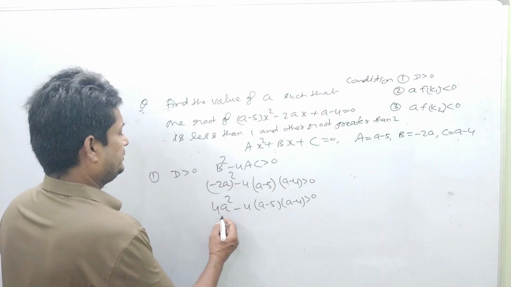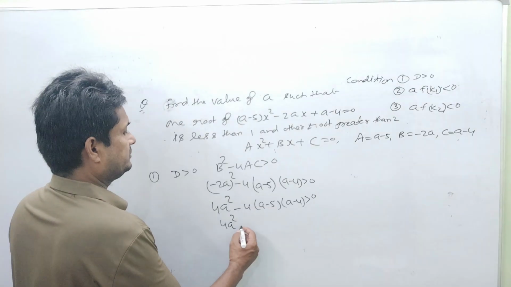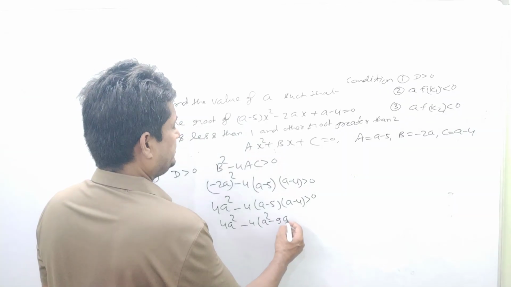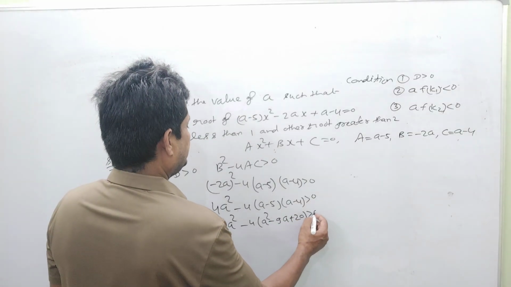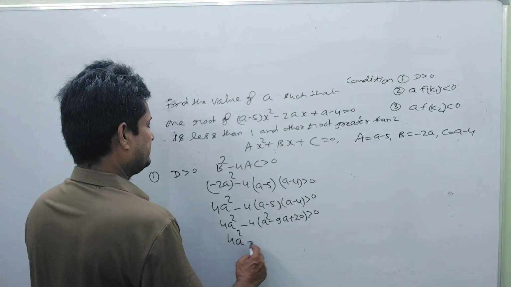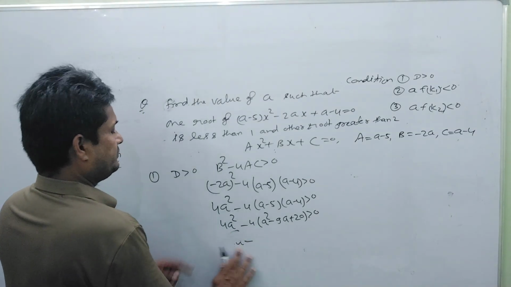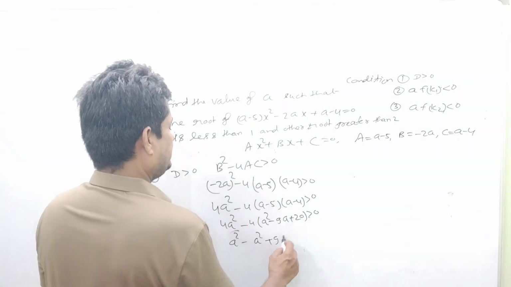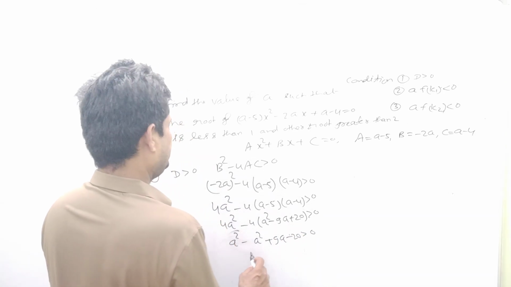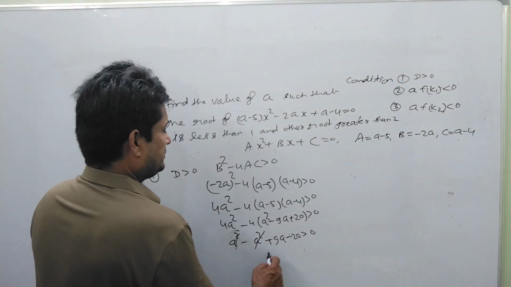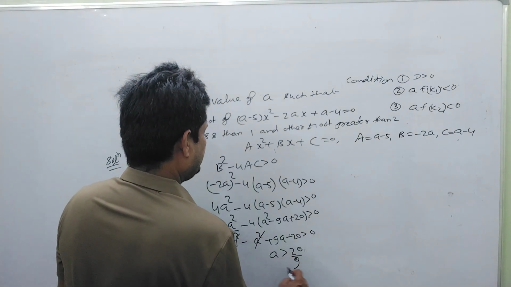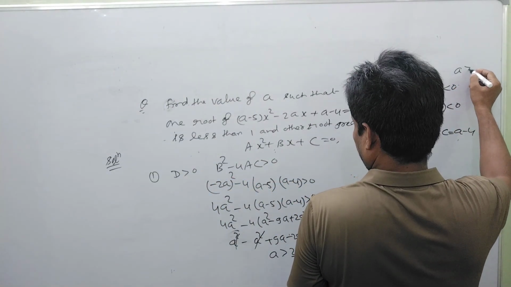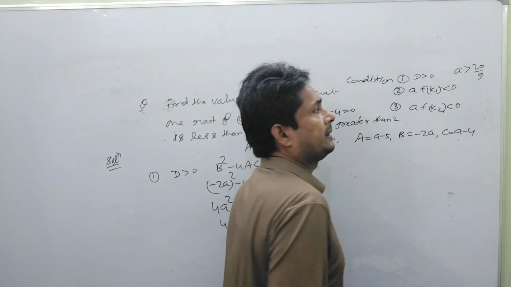Now multiply: 4a square minus 4 times (a square minus 9a plus 20) greater than 0. Take 4 common and divide by 4: a square minus a square plus 9a minus 20 greater than 0. So a is greater than this value. This is the answer from first condition.